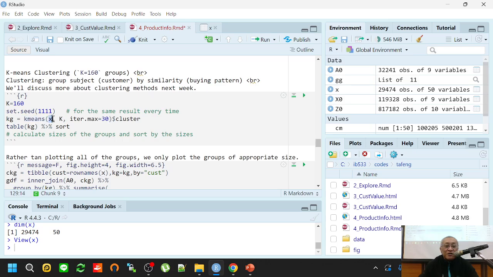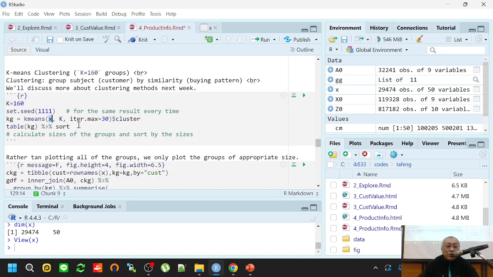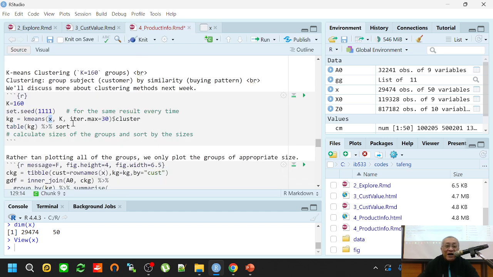You just give it the matrix, this matrix that is the buying pattern of customers, right? And then I want to use k-means to group about 29,000 customers into 160 groups.